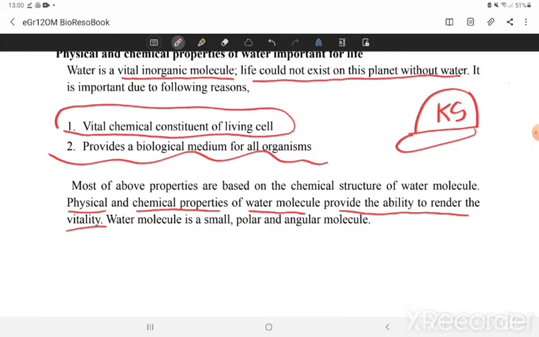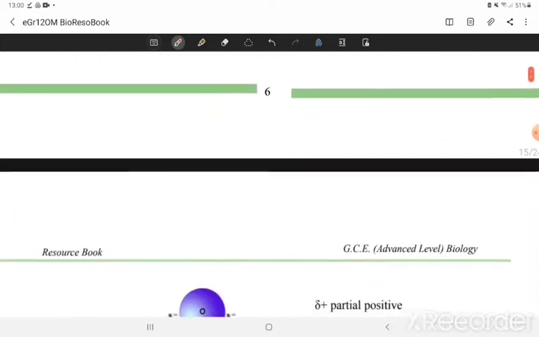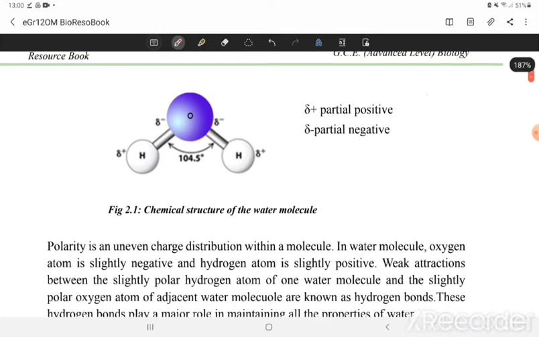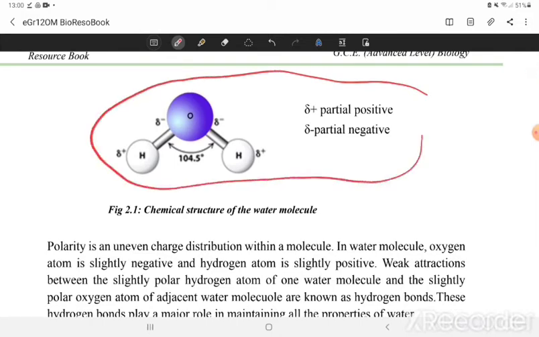So a water molecule is a small, polar and angular molecule. This is the water molecule. You can see hydrogen has obtained a delta plus partial positive charge, and oxygen has obtained a partial negative charge.